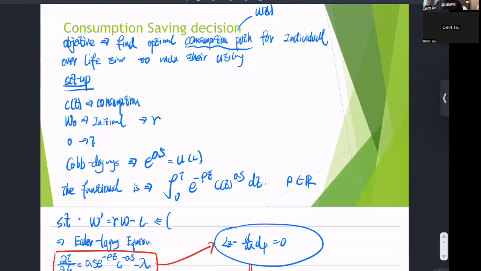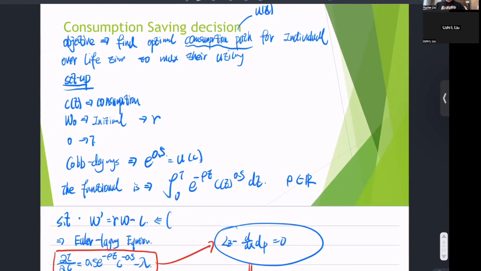It's really useful because as an individual, you don't know how to spend your limited money. You want to maximize your joy as much as possible. So this consumption saving model can give you a spending function, a consumption function, which can maximize your utility. Notice that the functional takes a function as an input. That's why it fits this case very well.